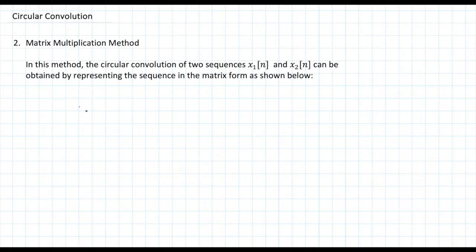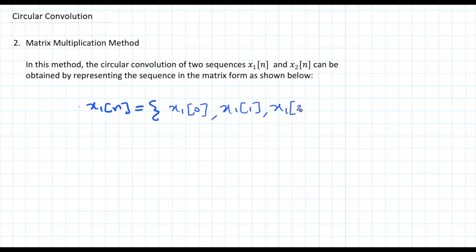So imagine that I have a sequence x1 of n and the values are x1 of 0, x1 of 1, x1 of 2 and x1 of 3. I'm taking, for the sake of simplicity, a 4-point sequence.